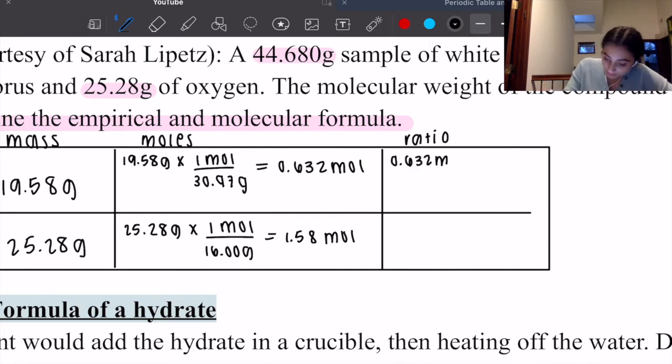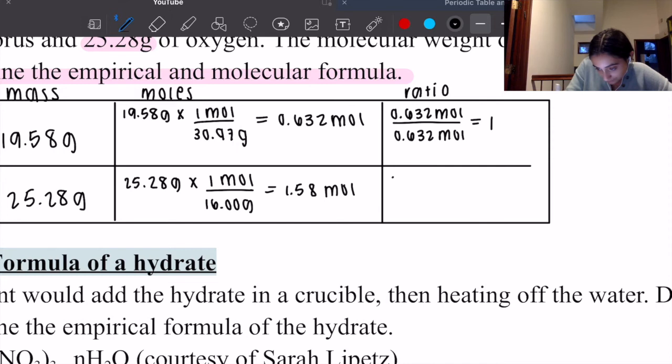So in this column, we are going to do 0.632 moles over 0.632 moles to just get 1. Here we are going to do 1.58 moles over 0.632 moles. And this gives us a ratio of 2.5.